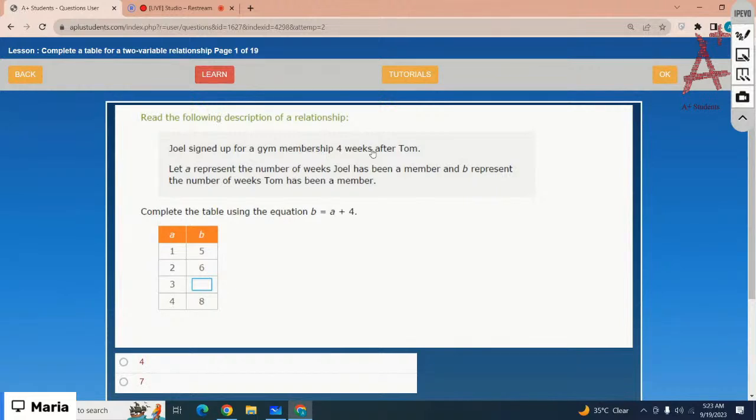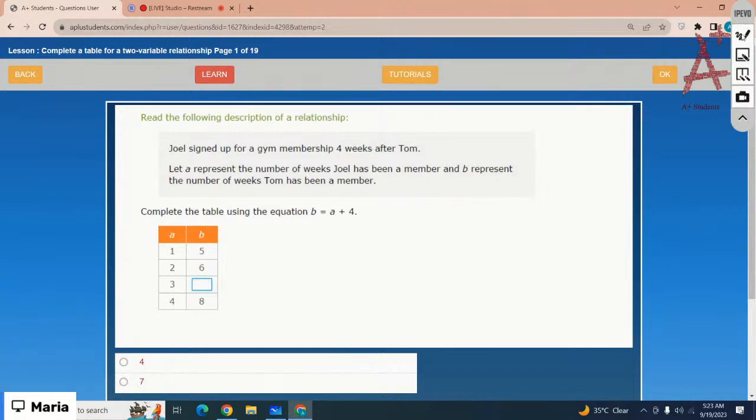Let A represent the number of weeks Joel has been a member and B represent the number of weeks Tom has been a member, right? So you have to complete the table using the equation B equals A plus 4. So which value is missing? That means you have to add 4 to each input value, right?